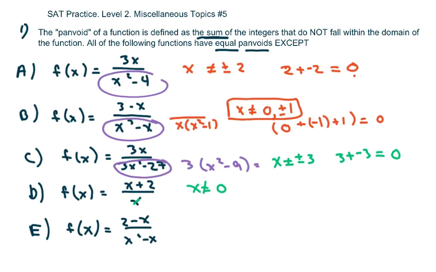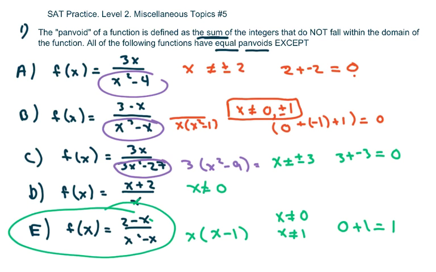And the last one, we get x, and you factor that out, you get x minus 1. So the forbidden values are x cannot be 0 and x cannot be 1. So when you add this up, you get 0 plus 1 equals 1. So the answer is E, because that's the one that isn't equal. The rest of these were all zeros.